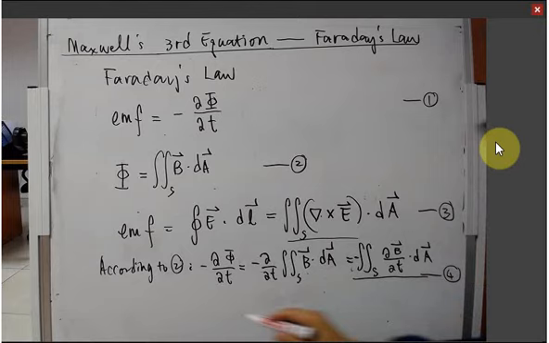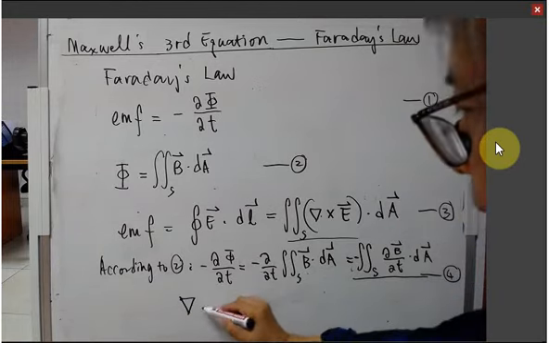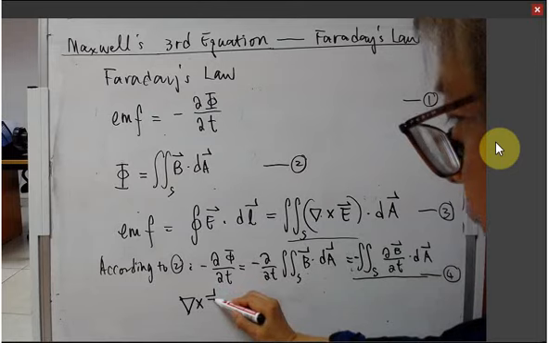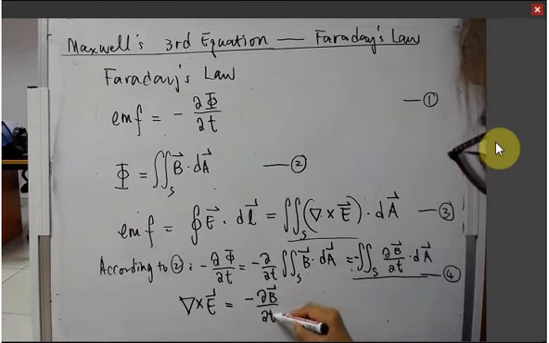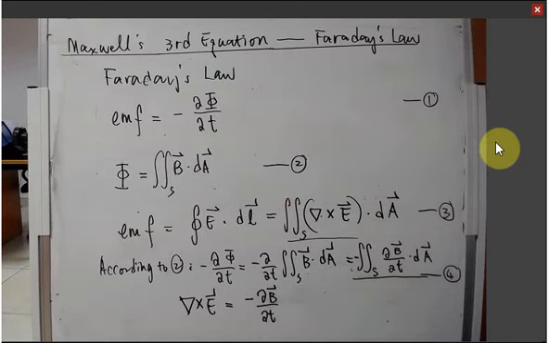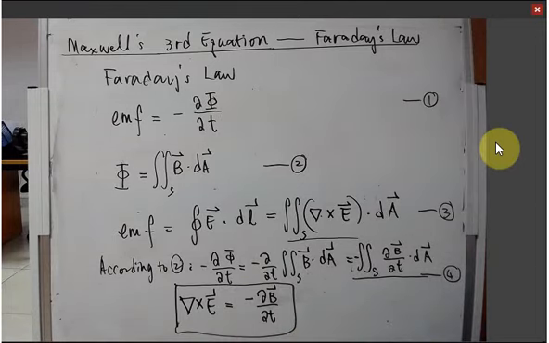So we can say that the curl of E in this case should be equal to minus dB by dt. So this is Maxwell's third equation.